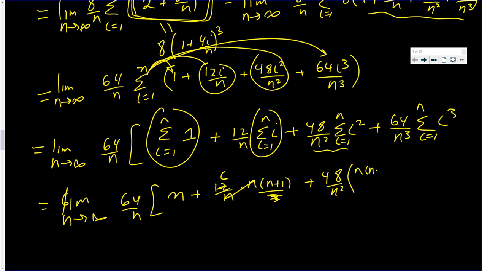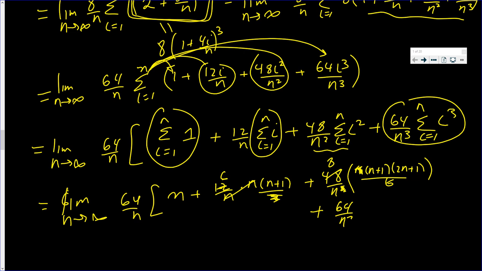That's n times n plus 1 times 2n plus 1 over 6. 6 goes into 48 8 times, and this n kills off one of those n's. Plus 64 over n cubed times the summation of i cubed, which is n squared times n plus 1 squared over 4.